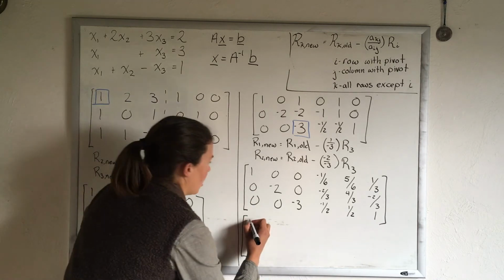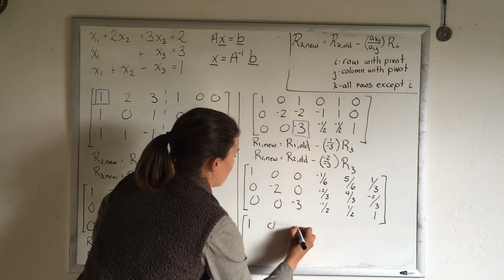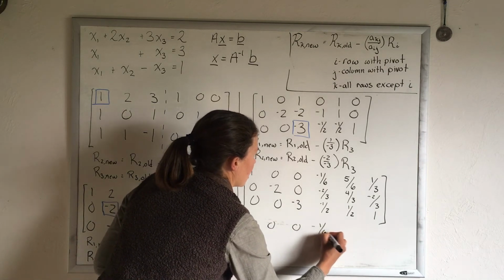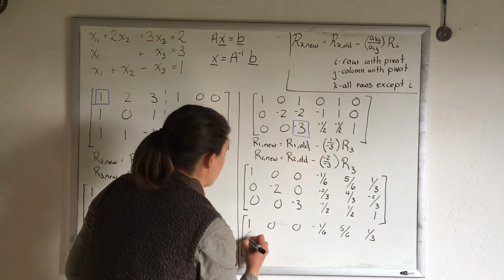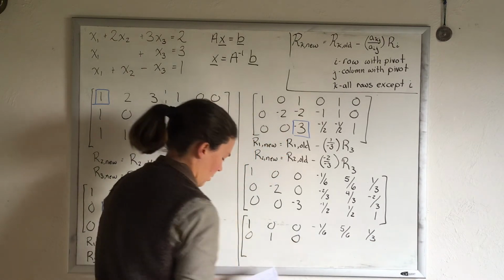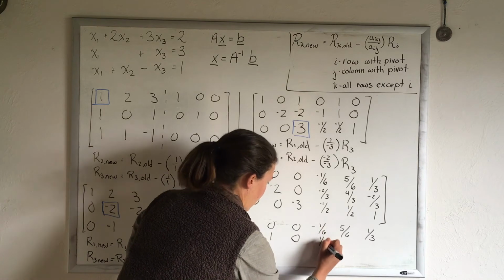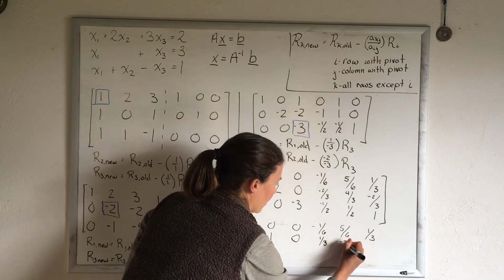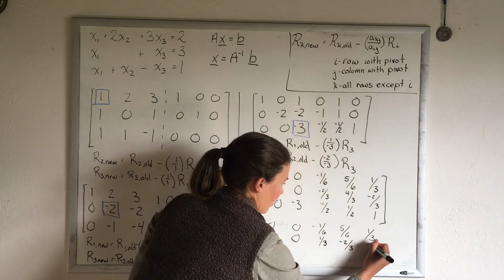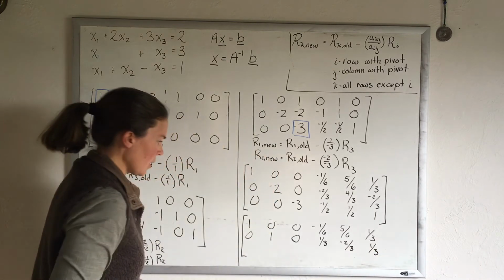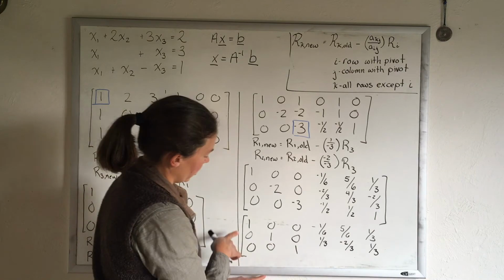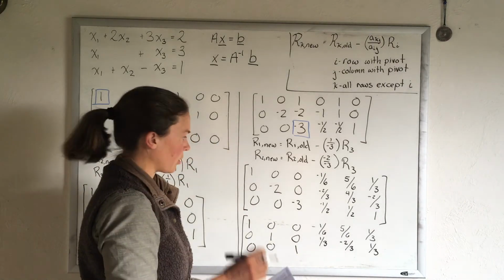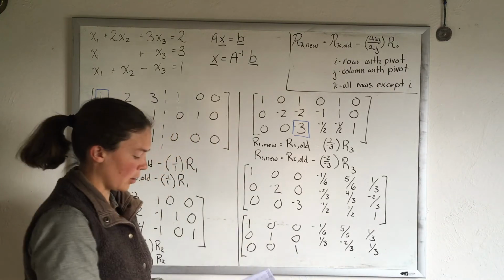So after doing this, that will get 1, 0, 0, -1/6, 5/6, and 1/3, and then 0, 1, 0, +1/3, -2/3, and +1/3. And then our last row, 0, 0, 1. So what we're really looking for is to get that identity matrix on the left-hand side now, and we've achieved that.